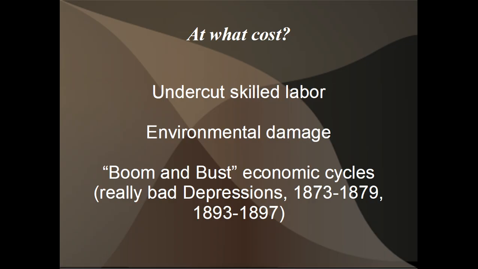Of course, there's also environmental damage, even though they weren't sure what that meant back then. It's happening. It's all the smokestacks. They put the dirty water back in the river that people are drinking out of, right? There's going to be a lot of environmental damage to come back to bite us one day. And economic damage, boom and bust economic cycles. Long before there was the Great Depression, there was the Great Depression of 1893 to 1897.